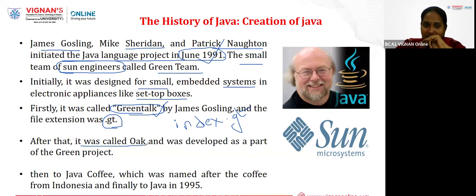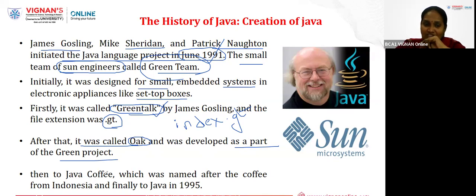After that, it was called Oak, which was developed as part of the Green project only. They added some advances to the basic development, and they called it Oak, right?